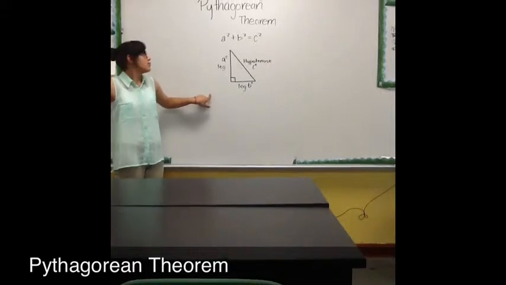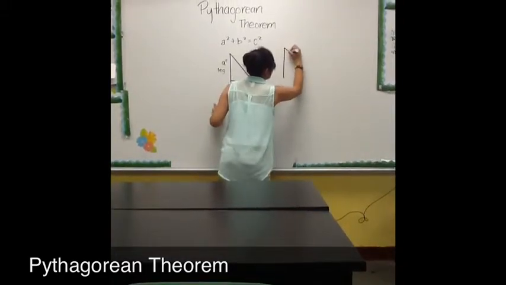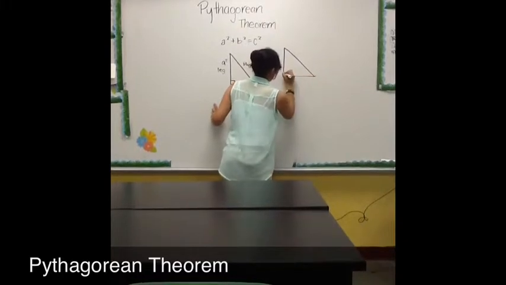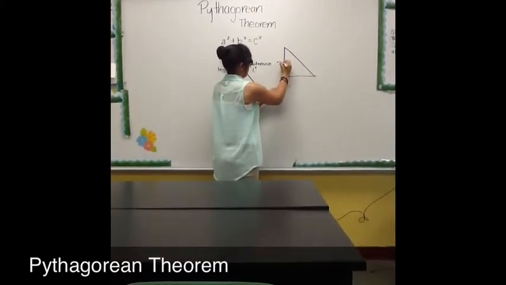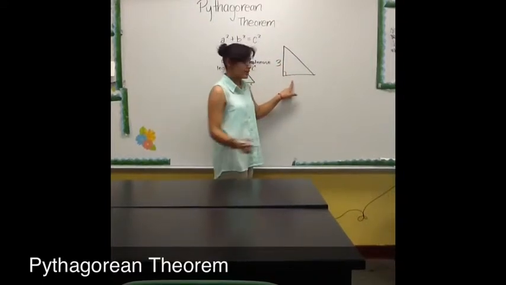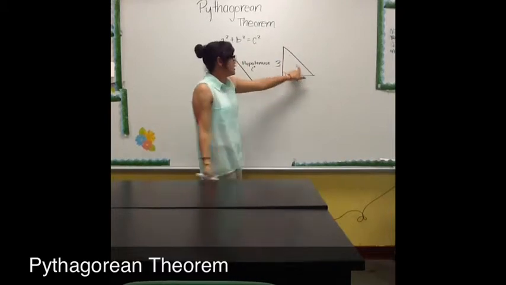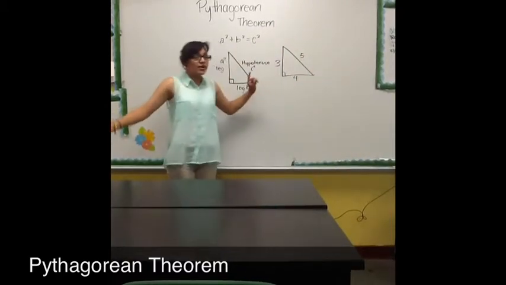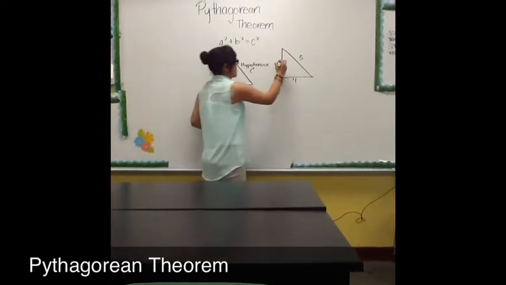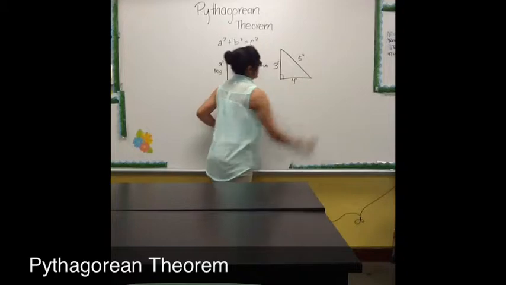Let's take an example. We have our right triangle. One of the sides has a length of 3, the other one has a length of 4, and our hypotenuse has a length of 5. Now remember, they always have to be squared, so it's 3 squared, 4 squared, and 5 squared.